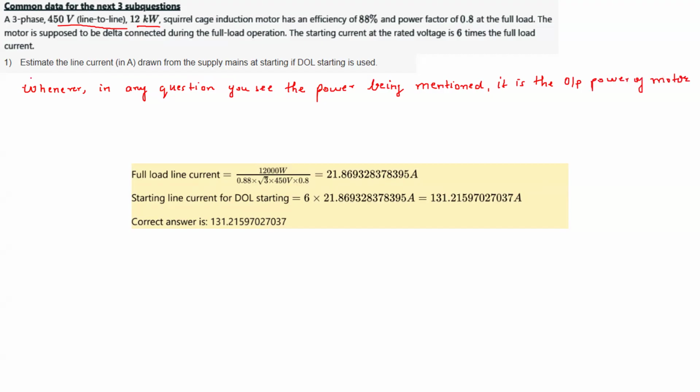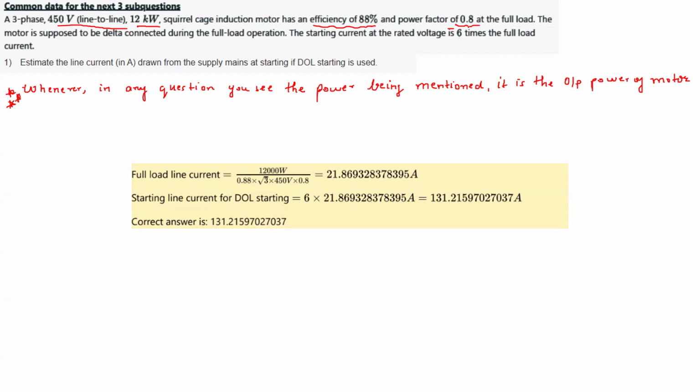You have to remember this for other questions also. They have given you the output power and the line to line voltage rating of the motor. Then they are saying this motor has an efficiency of 88% and it is operating at a power factor of 0.8.